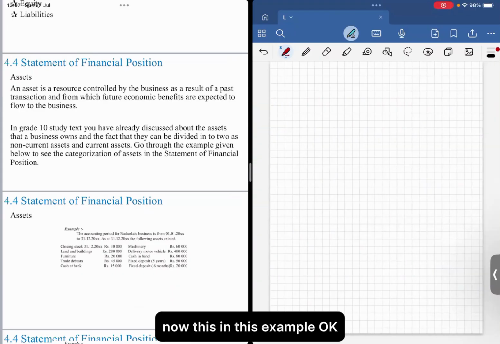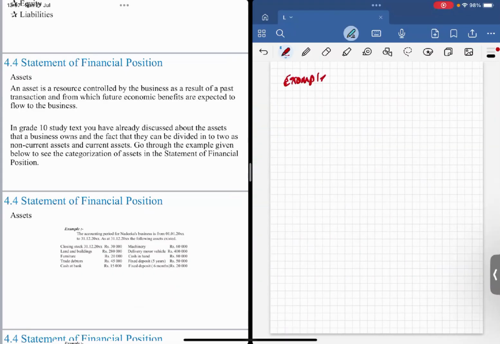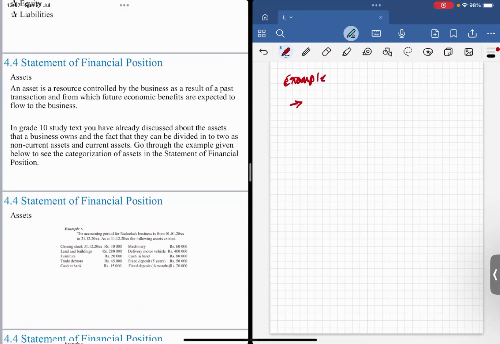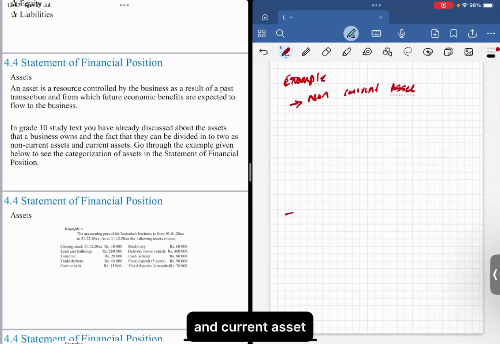Now, in this example, I want you to categorize them into non-current assets and current assets.